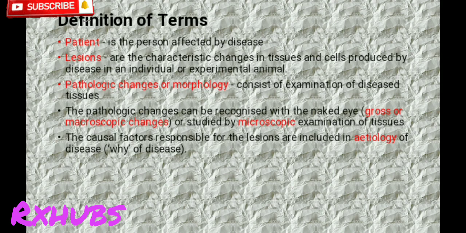Pathologic changes of morphology consist of examination of the diseased tissue, and the pathologic changes that can be recognized with the naked eye, that is grossly, or microscopic changes studied by microscopic examination of tissue. The causal factors responsible for the lesion are included in the etiology of the disease.